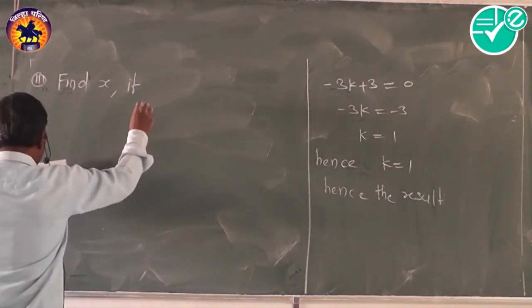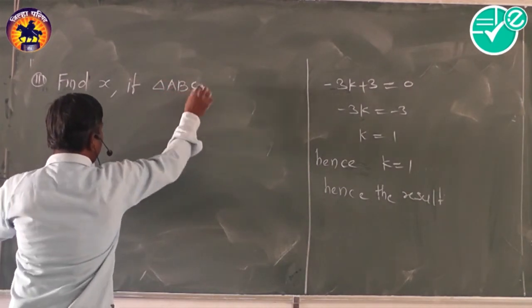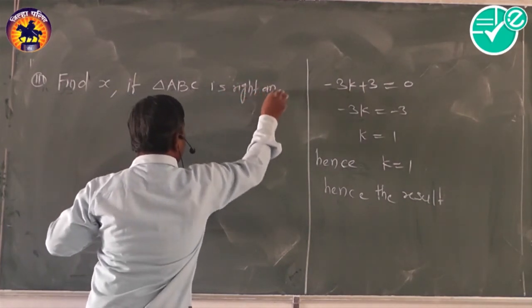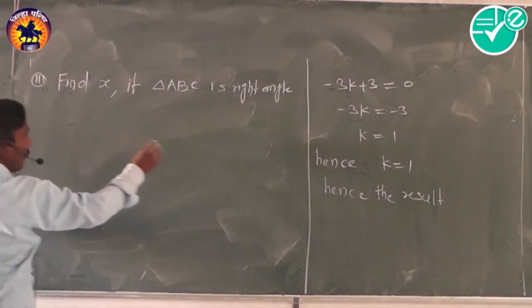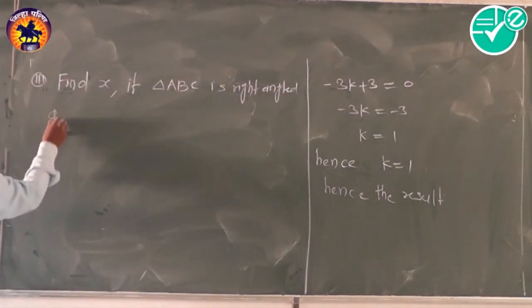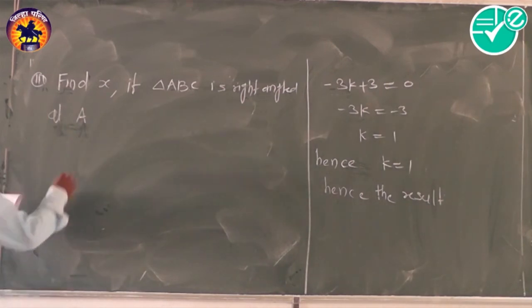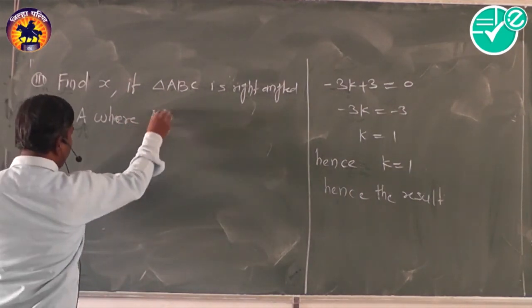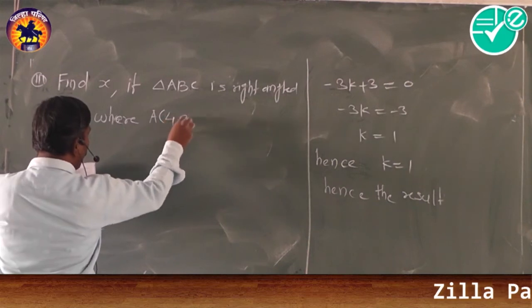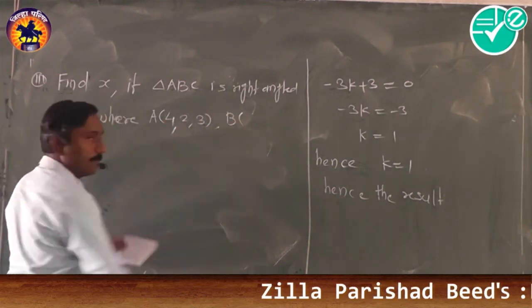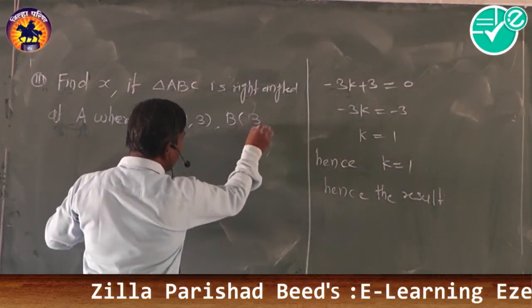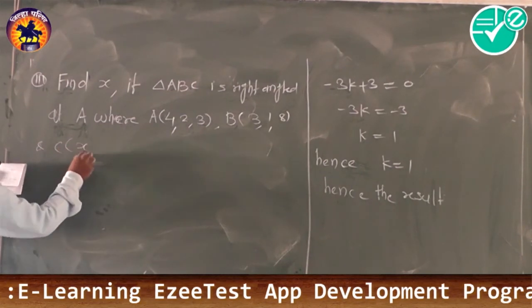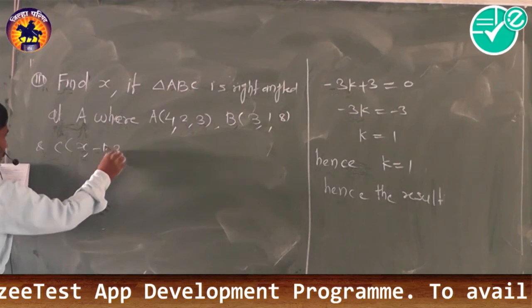If triangle ABC is right angled at A, where A is (4, 2, 3), B is (3, 1, 8), and C is (x, minus 1, 2).